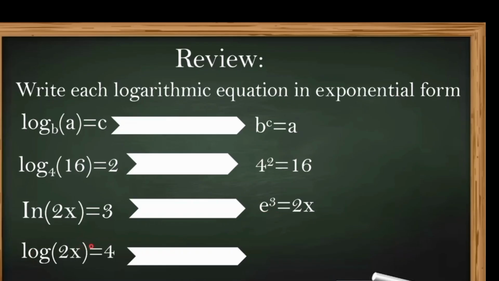Last, log 2x to the base of 10 is equal to 4. The exponential form of this is 10 to the power of 4 is equal to 2x. The 10 is from the base of log. If a log doesn't have a base, it is understood to be automatically 10.